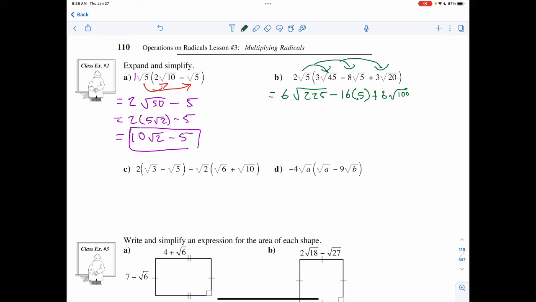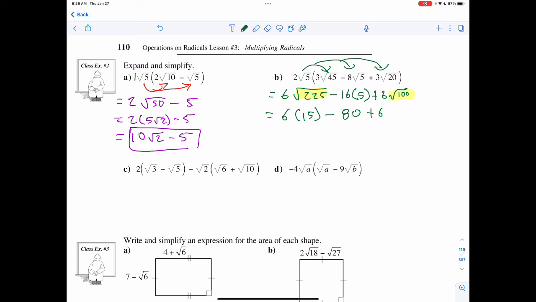Now, one of the convenient things here is that both of these radicals actually happen to just be perfect squares. So root 225 is going to simplify down to 15, but I'm going to put it in brackets so I expand it out properly. Negative 16 times 5 is going to give me negative 80.